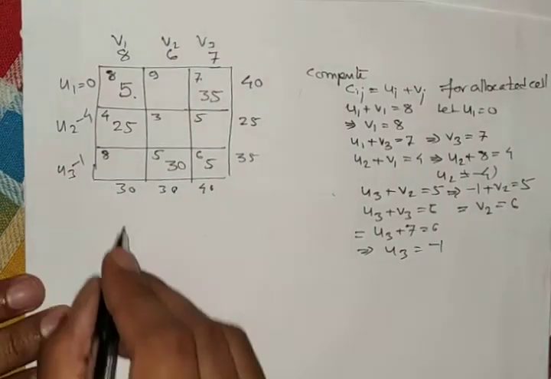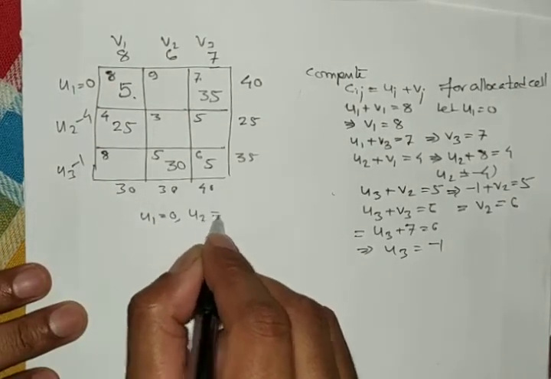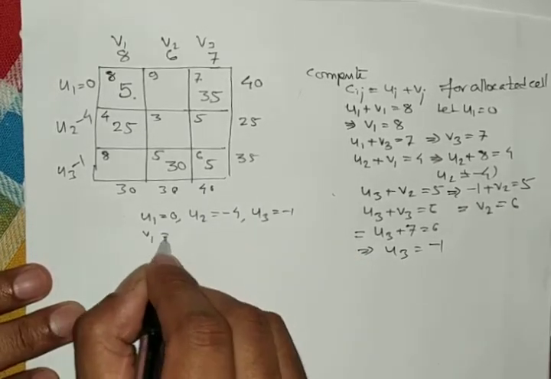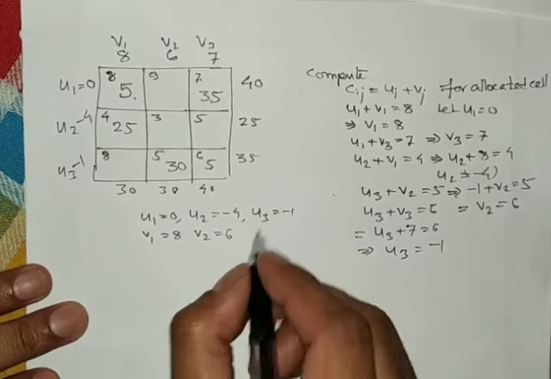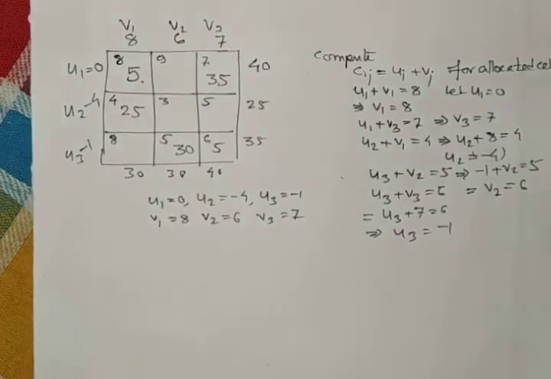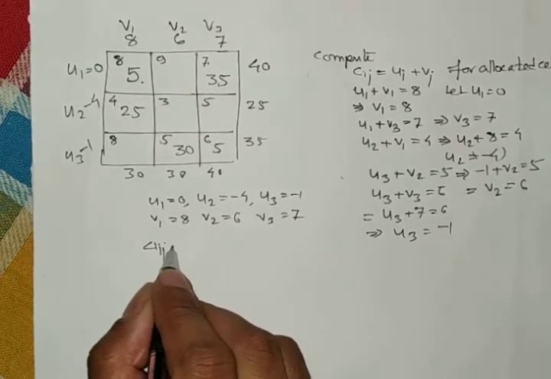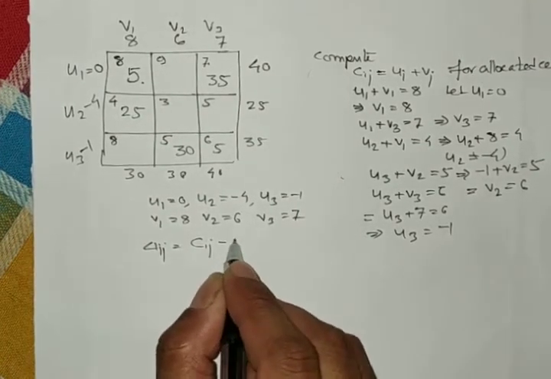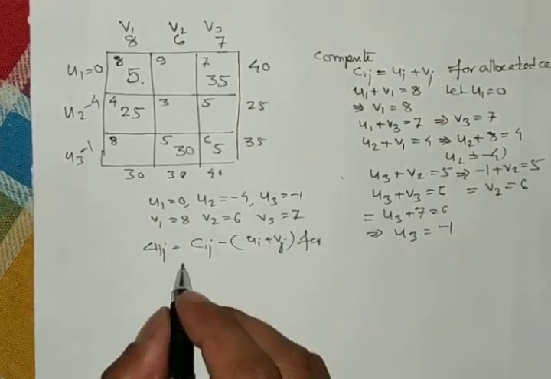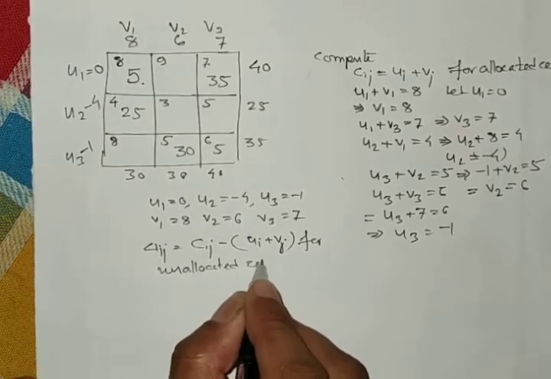After finding out u1 is equal to 0, u2 is equal to minus 4, u3 is equal to minus 1, v1 is equal to 8, v2 is equal to 6, and v3 is equal to 7, we have to find out delta ij, which is equal to cij minus (ui plus vj). This is for unallocated cells.